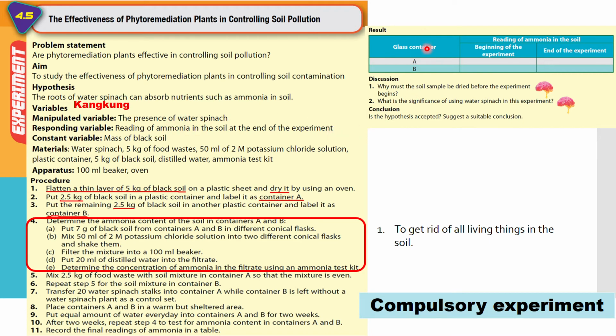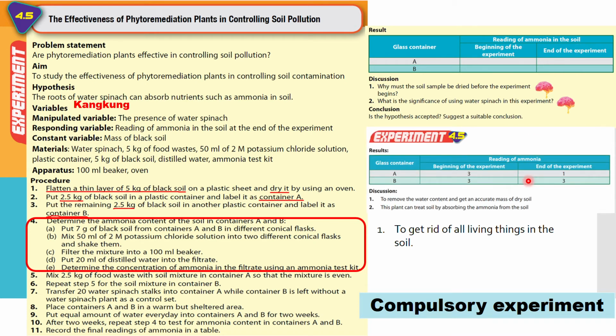For the results, at the beginning and also the end of the experiment, what to expect is that at the end of the experiment, we also see a decrease in the reading of the ammonia, meaning the presence of water spinach makes a difference. It is the phytoremediation plant.